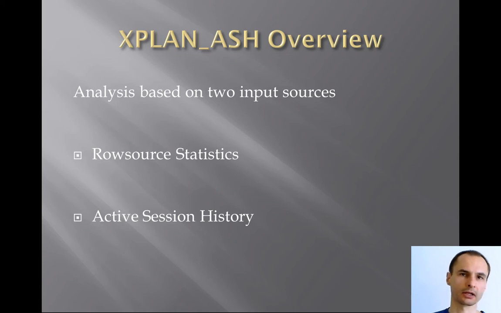So Explain-Ash can provide further analysis based on these row source statistics, provided these are enabled. And the other main input source for analysis is the active session history, which is basically a sampling of all active sessions of the system.